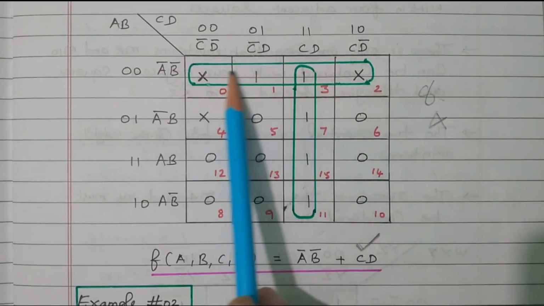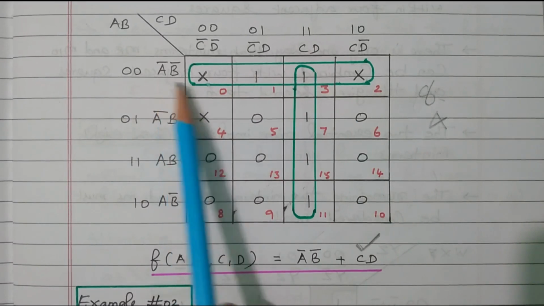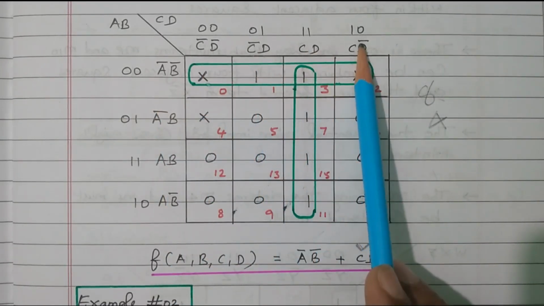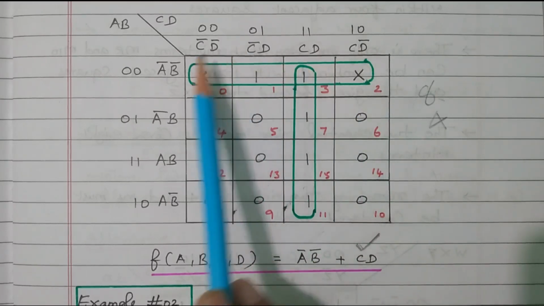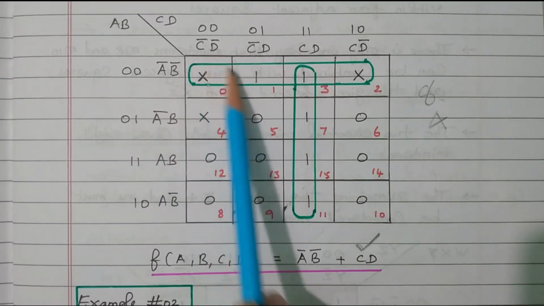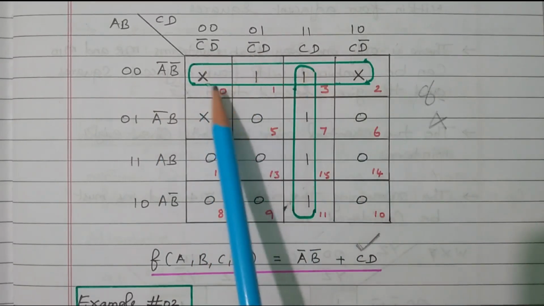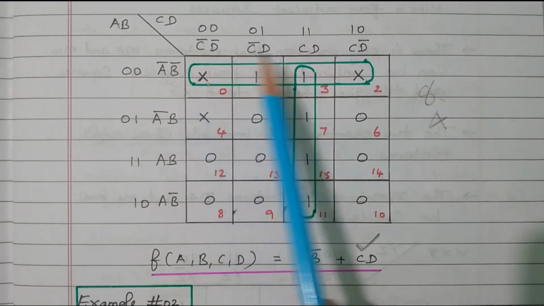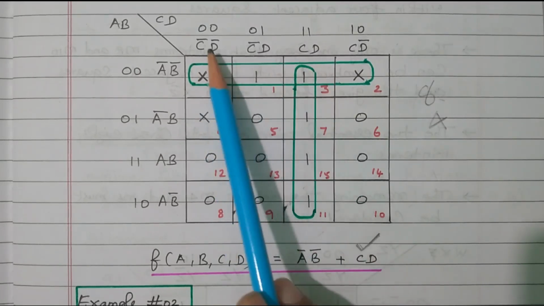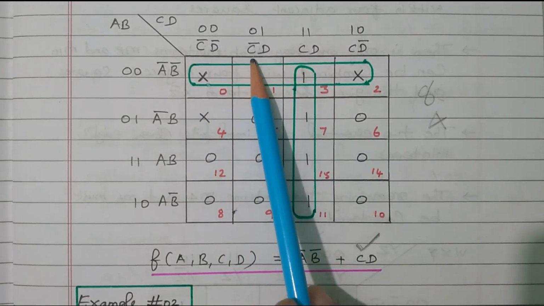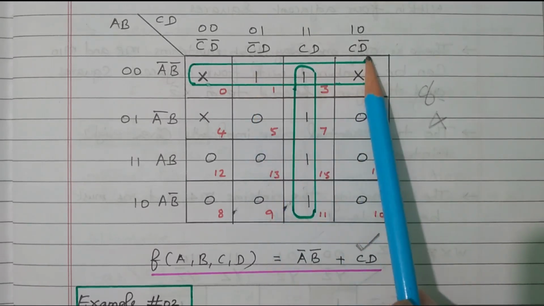Now we need to refer to the second grouping. The second grouping is available in the first row, and the columns are the first, second, third, and fourth columns. So we have to refer to all these four columns and the first row. While referring to the columns, the first column has C bar, D bar, and the third column has C, D. So C bar is cancelled by C, D bar is cancelled by D. Similarly, the second column has C bar D and the fourth column has C, D bar.